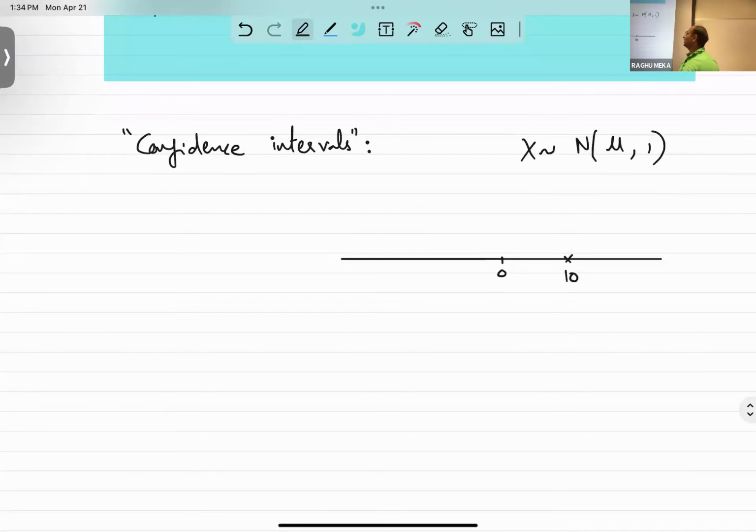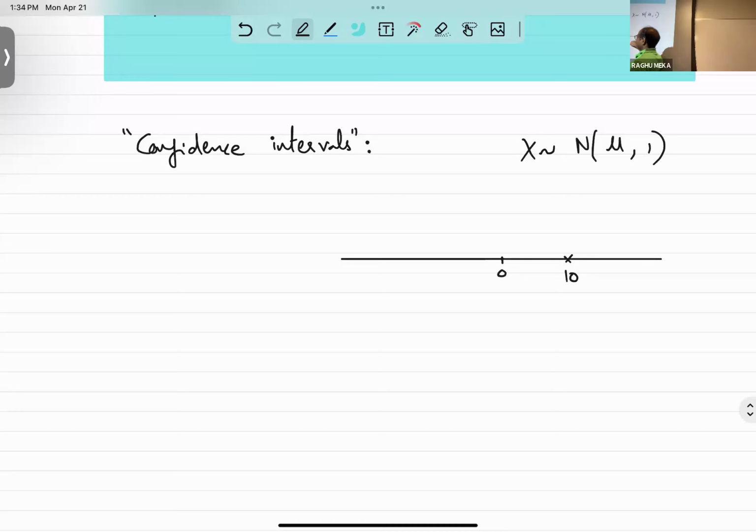Usually, we know the probability of seeing 10 given the mean is this much. But you can also flip the question: if I saw 10, what's the chance that mu is 11? What's the chance that the actual mean is 12? What's the chance that it is 13, and so on?